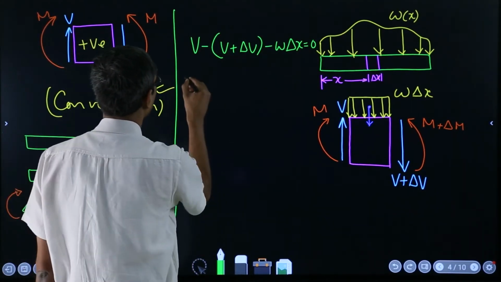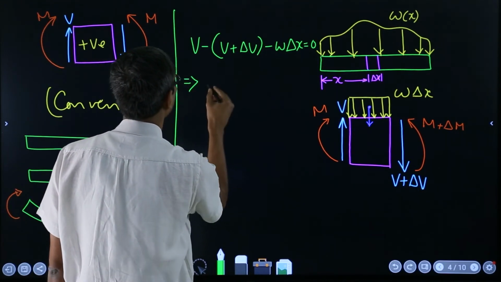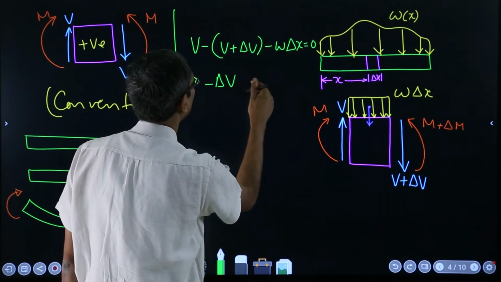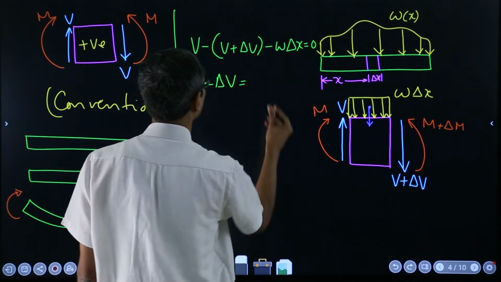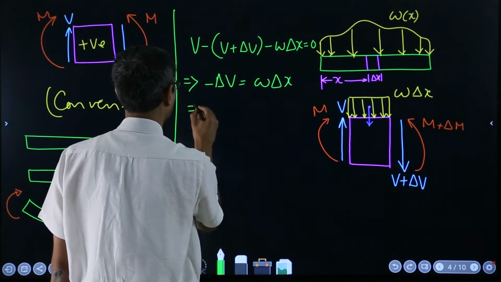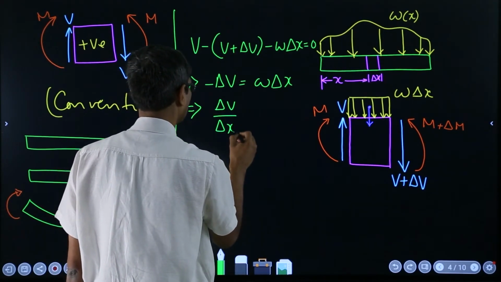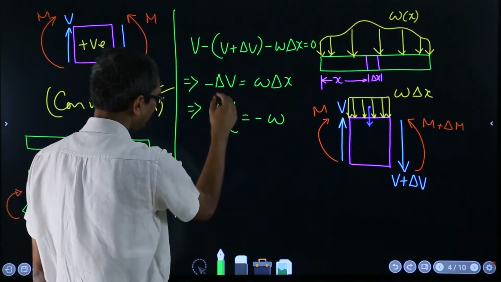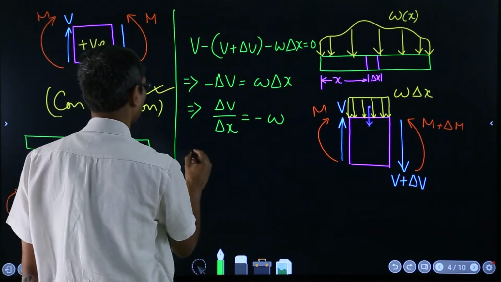Now V cancels out, and you have negative delta V equals W delta x, which implies delta V over delta x is negative of W. We are seeing everything in the limit when delta x tends to 0.